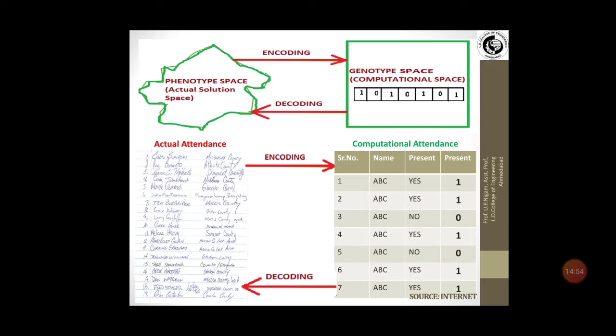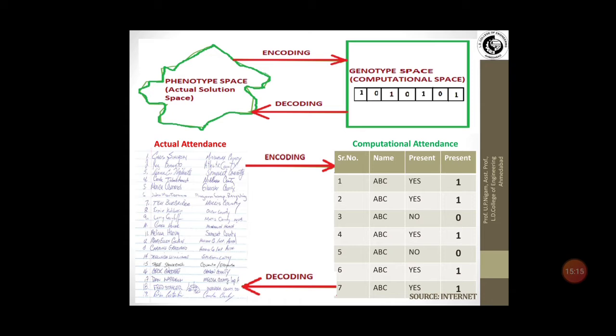So the hardware or the raw material you have with you is known as the phenotype space, and when the raw material is converted into a good format for the calculations, for the computations, it is known as the genotype space.